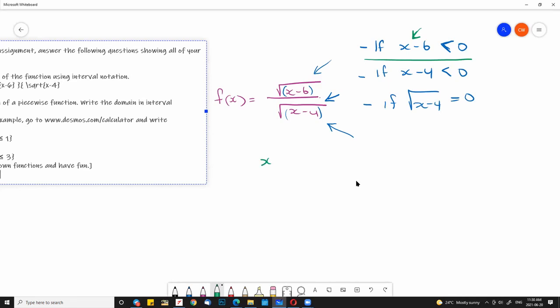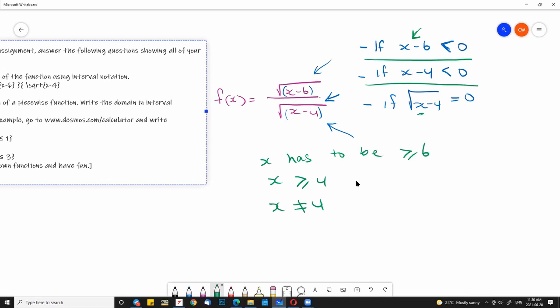We know x has to be greater than or equal to 6. From the second one, we know that x has to be greater than or equal to 4. From the third one, we know x cannot be 4. 4 minus 4 is 0, right? We know x cannot be 4.